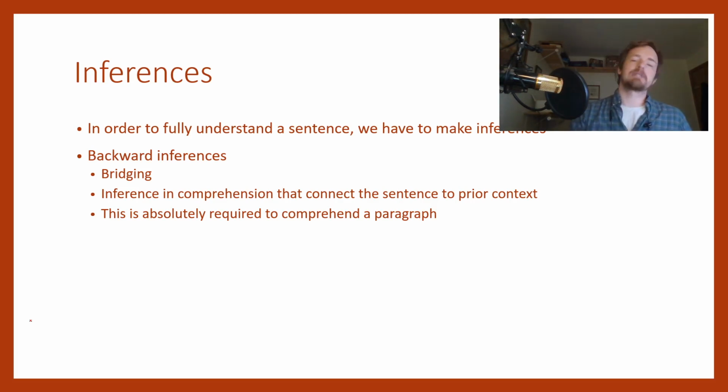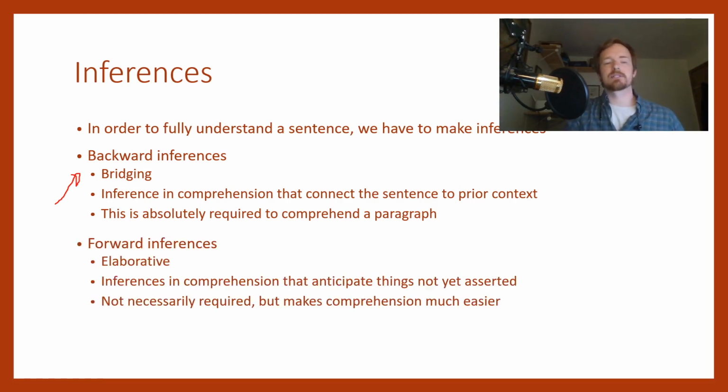You absolutely need this in order to understand a paragraph, or sentences as they relate to one another. So when we are clearing up ambiguity, a lot of what we're doing is backwards inferences. We're looking back to see what kind of bank they were talking about in that particular sentence. Another example is forward inferences, and this is sometimes called elaboration or elaborative inferences.